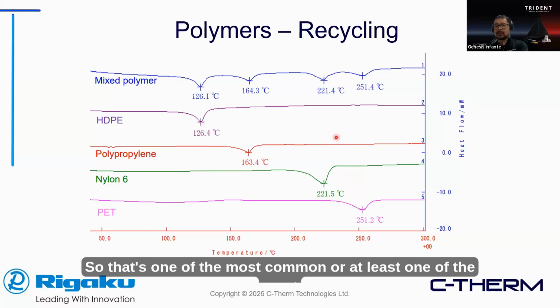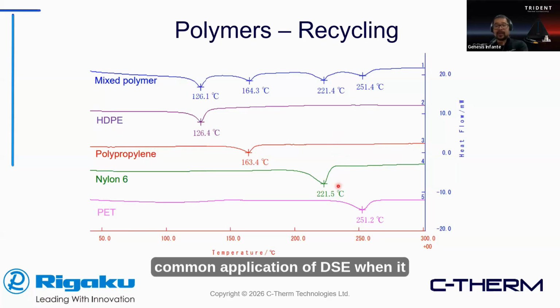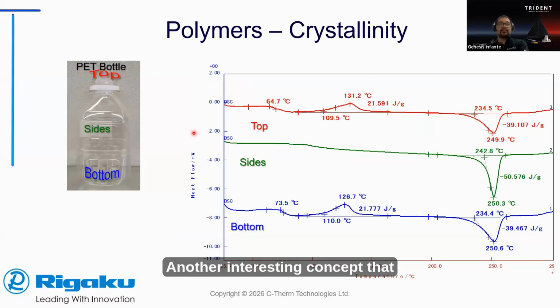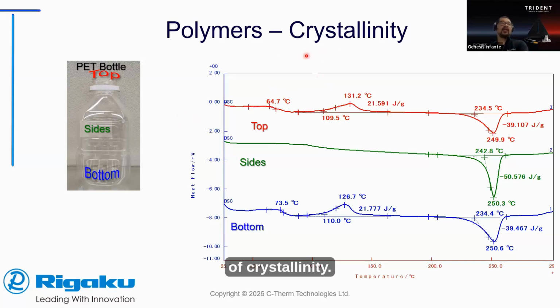So that's one of the most common applications of DSC when it comes to polymers. Another interesting concept that is also commonly used for DSC and polymers is the measurement of crystallinity.